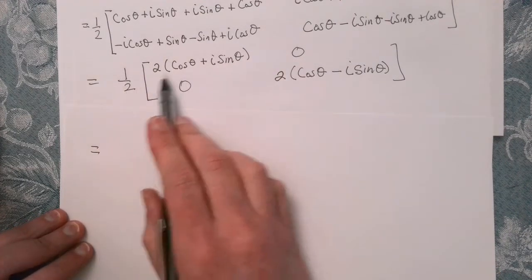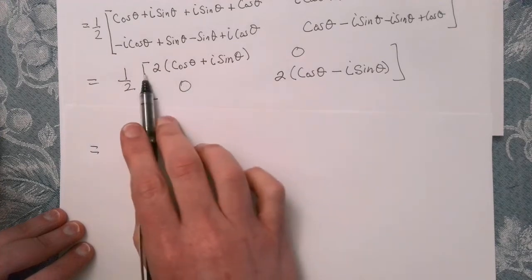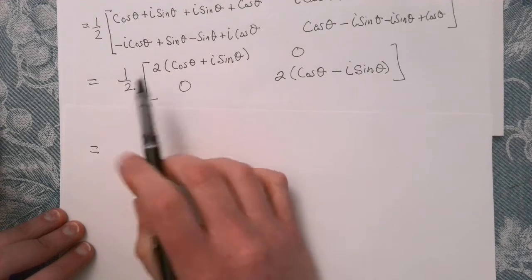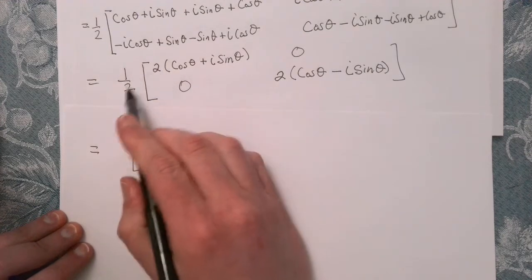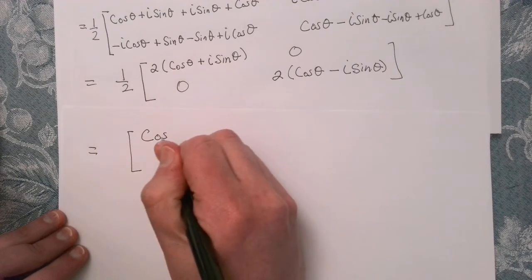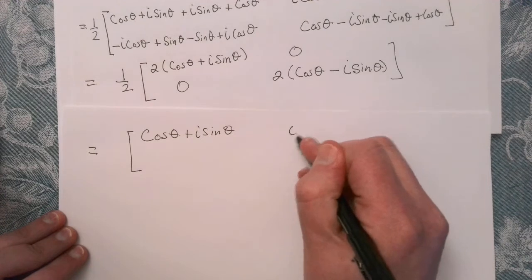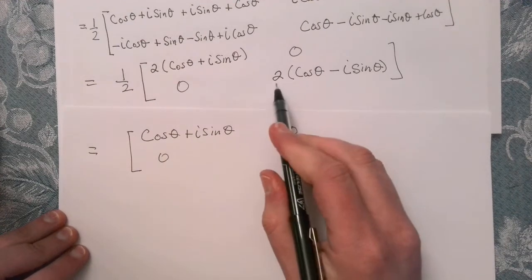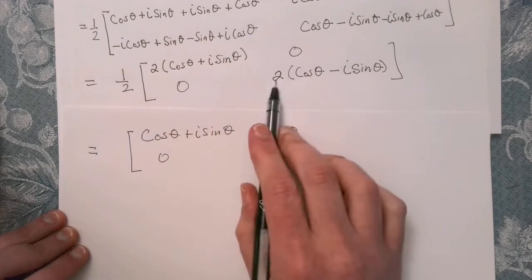Let's distribute the 2 now, so we can scale each entry by, I should say, 1/2. So let's scale each entry by 1/2. That gives me the following, so that'll kill that too. So I've got cosine of theta plus i sine of theta. That seems nice. A half of 0 is 0. Half of 0 is 0. And then here we could be kind of clever. So a half of 2 is 1.